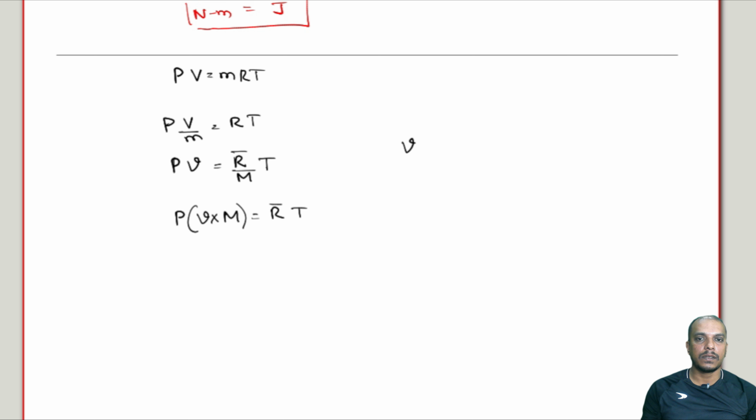Now what is this V into M? Let us try to derive the unit. Volume is meter cube per kg and molecular weight is kg per kg mole. Kg cancels out, you will have meter cube per kg mole. So meter cube per kg mole is something like, for every kg mole, that is 6.023 into 10 power 26 particles, what is the volume that particular gas is going to occupy.